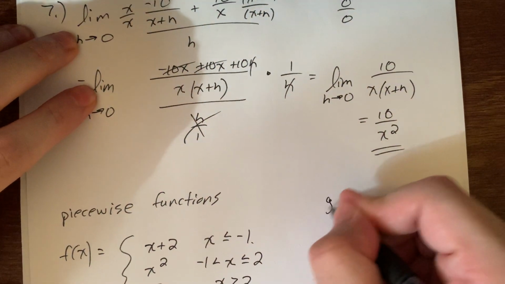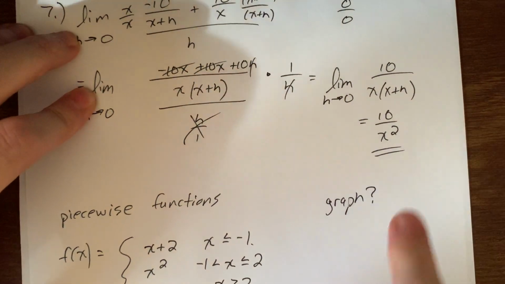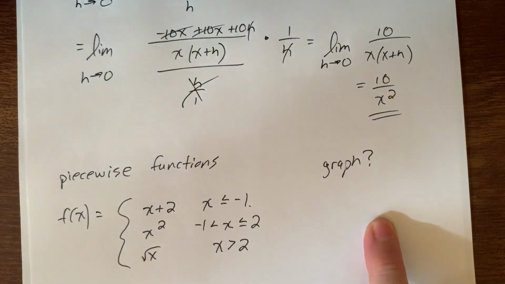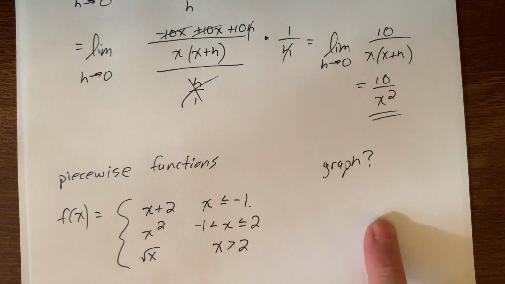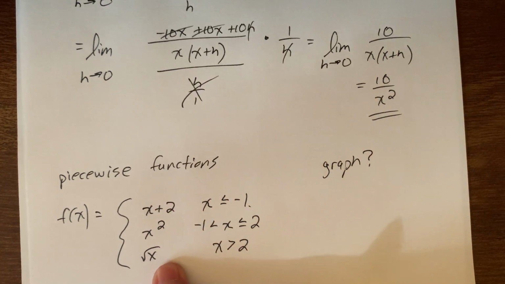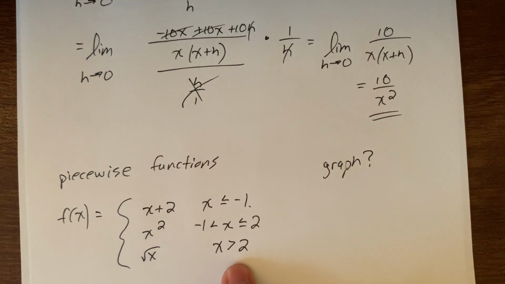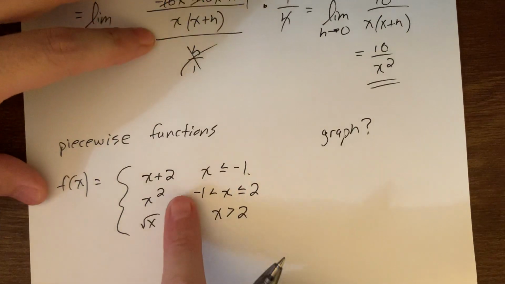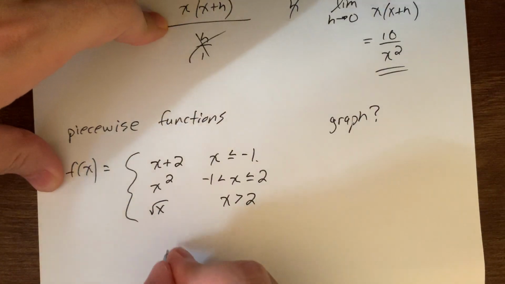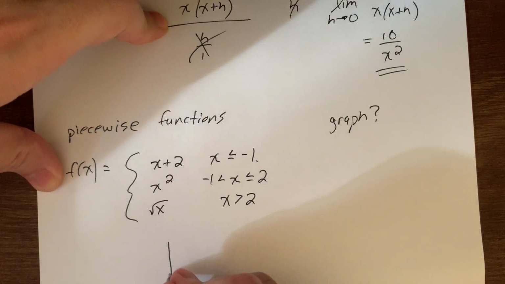So what does the graph of a piecewise function look like? Basically what it looks like is take all these 3 graphs, but then cross off the pieces that don't match up with these given x's. Okay? So how do we go about doing that? Well, for this one, x plus 2, that's just a nice straight line.